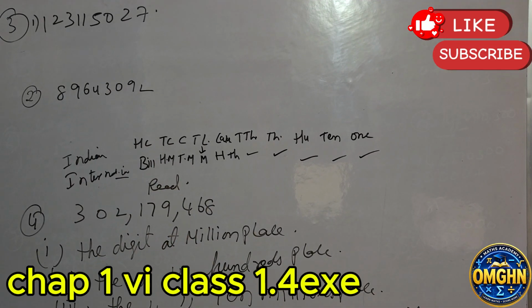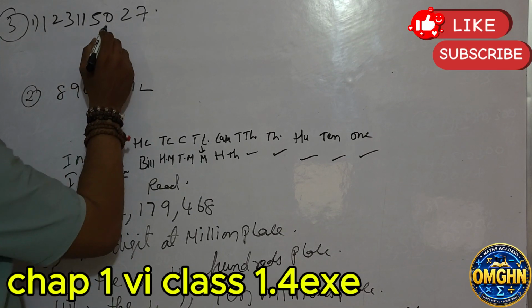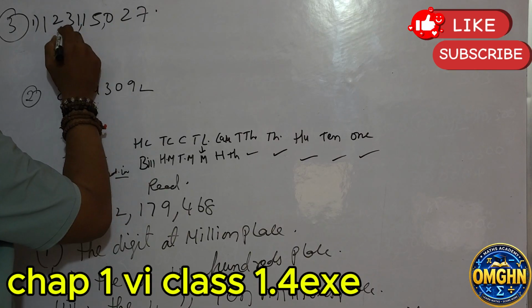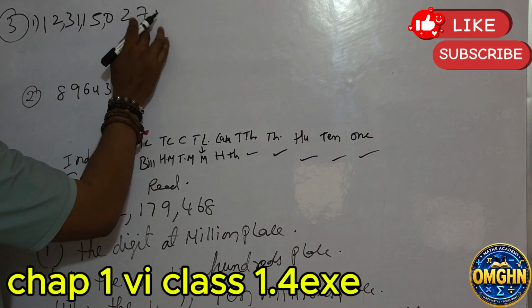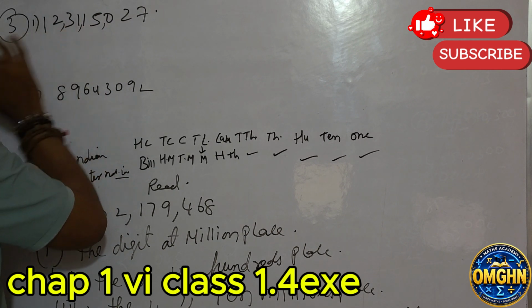Now see the third question. We have to write in Indian form and international form. First we will write in Indian form: ones, tens, hundreds, thousands, 10,000, lakhs, 10 lakhs, crores, 10 crores.